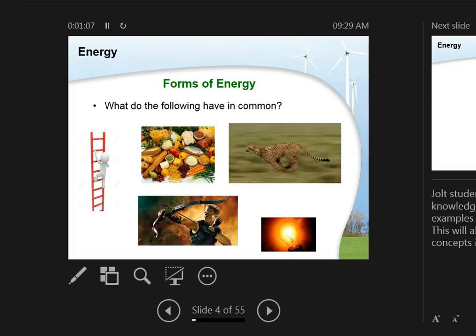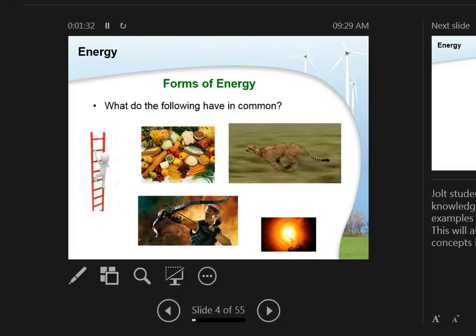Take a look at all these. What do they have in common? Energy. What type of energy? There's movement. The cheetah has a speed and mass, so he has kinetic energy. What kind of energy do you think this is? We learned that as chemical potential energy in food.